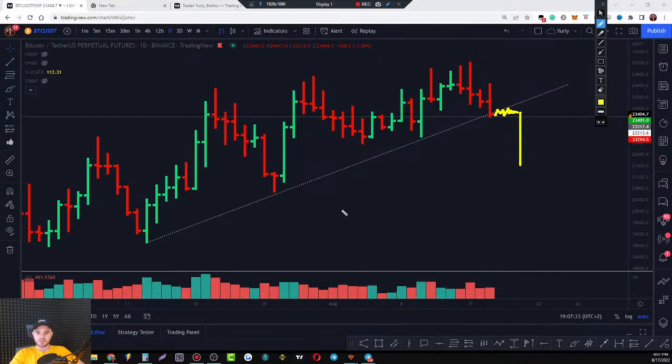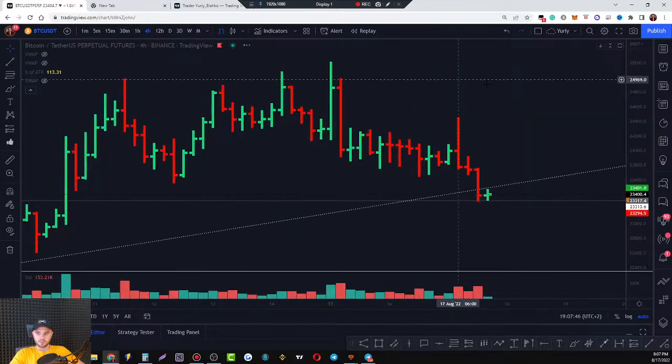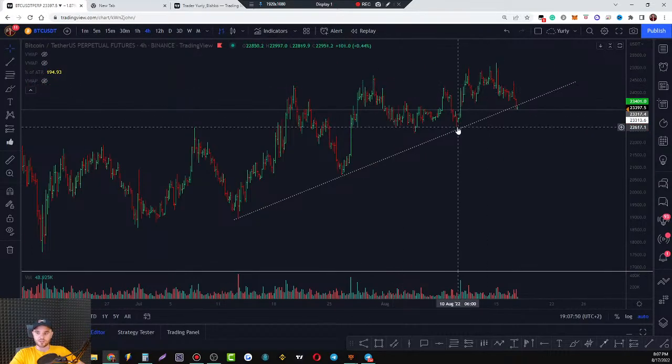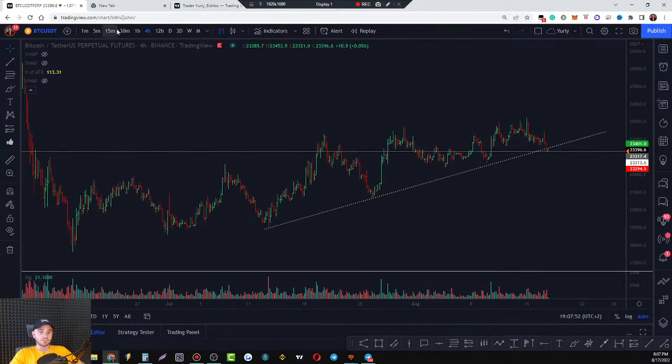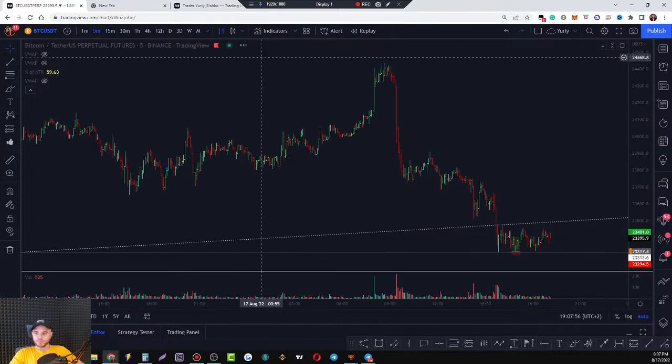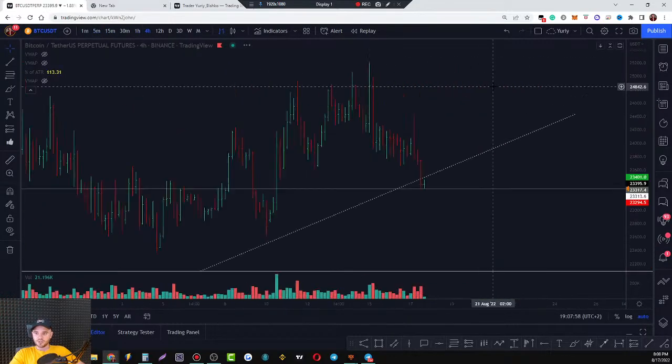Only in that case will I consider taking a short trade, because we have a lot of tails. If you see, we have really a lot of tails with some volume at the high. That's why it's really interesting. Yes, Bitcoin can go lower, but at this moment we need additional confirmation.